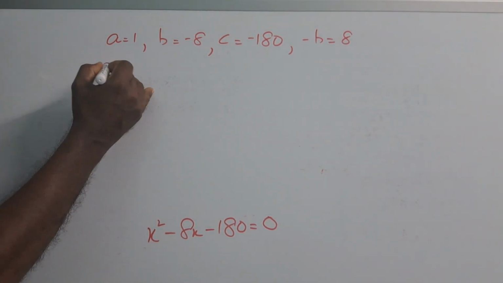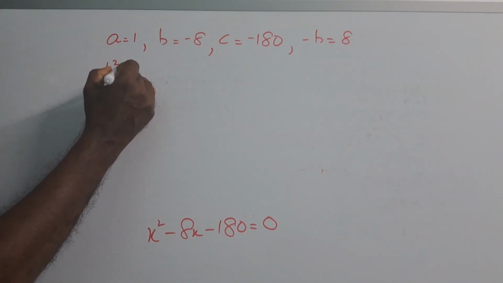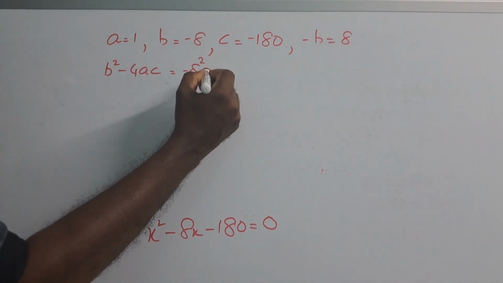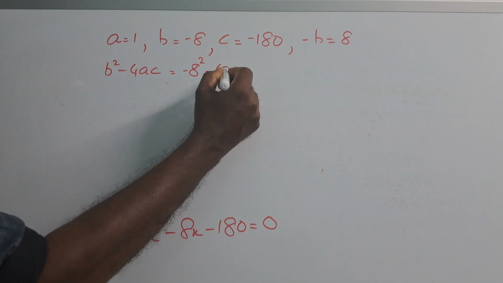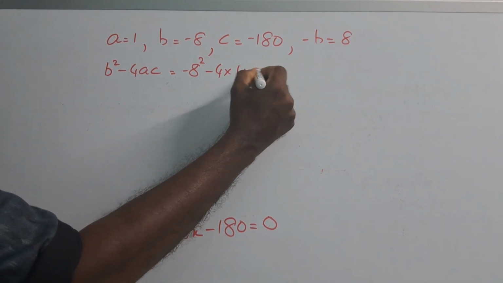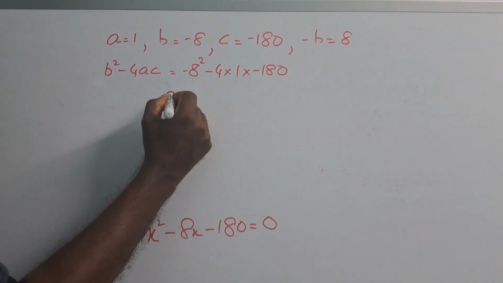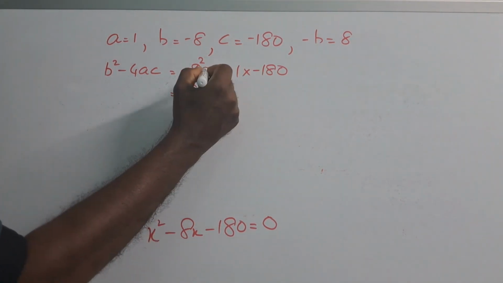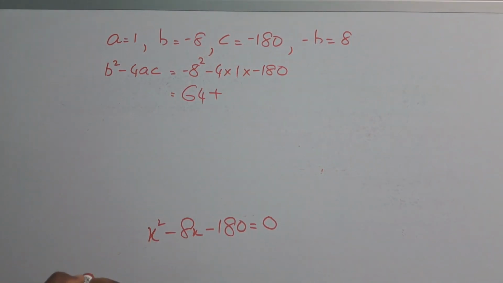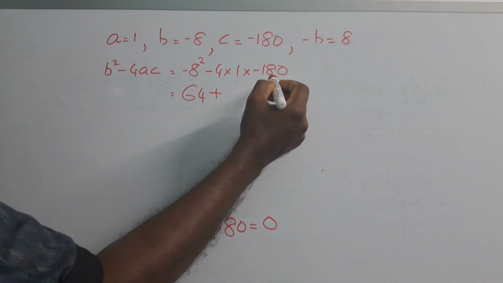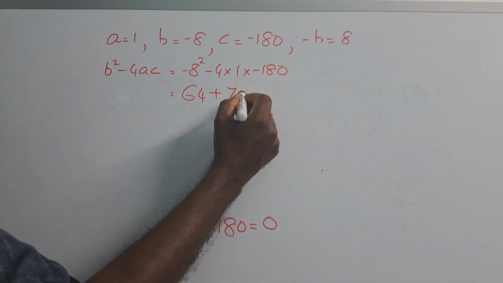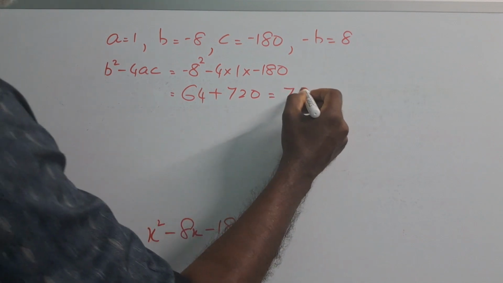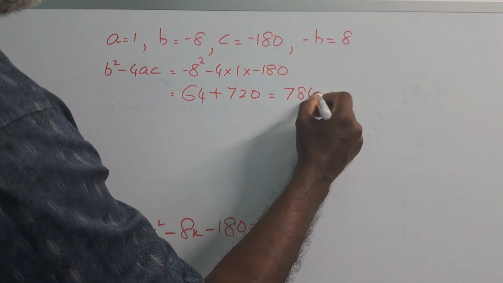Let's find the discriminant, which is b square minus 4ac equals minus 8 square minus 4 into 1 into minus 180 equals 64 plus, minus 4 into minus 180 becomes a positive number, 720, so 784.